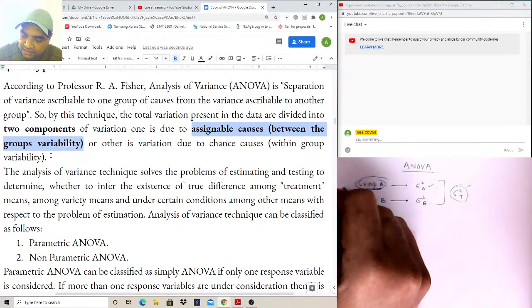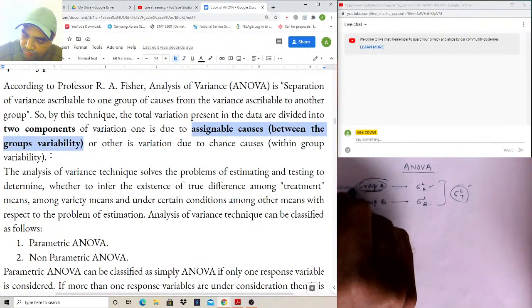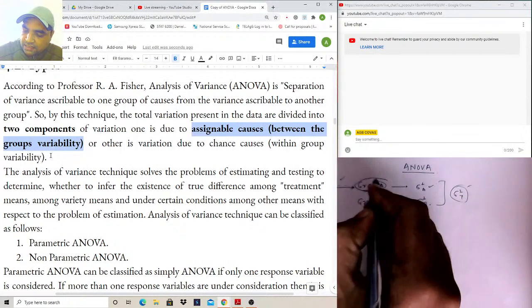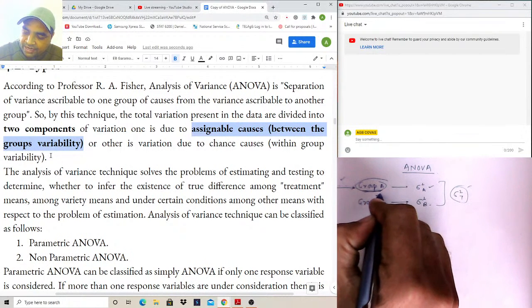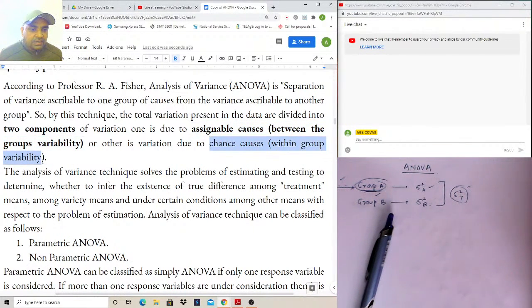Within a group there are a number of observations, so within group variability is also there, and that is due to chance. So the variability due to assignable causes is between group, and that due to chance causes is within group variability.